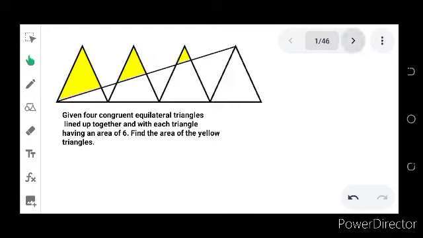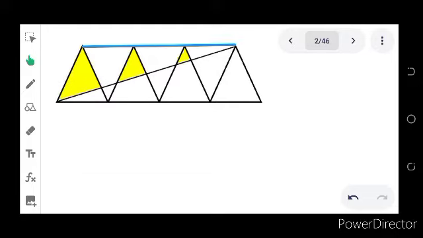And one way to do it is to draw a line connecting the four apexes of the four original triangles.